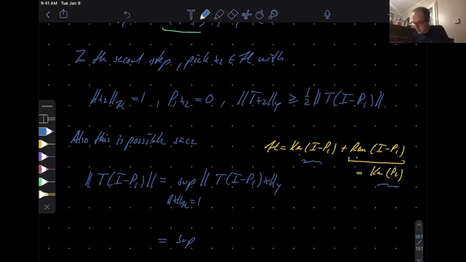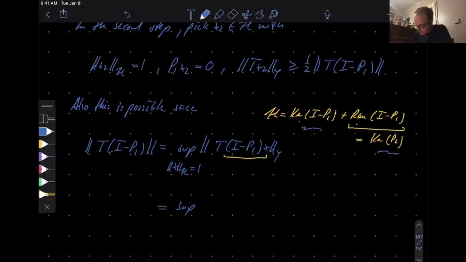Yeah, but the part where you go over the kernel of P1 would not contribute to your optimization procedure here to get the operator norm, because it would be sent to 0. So that's certainly not going to contribute. Having said this, this supremum here is the same as just a supremum where you range over the vectors that are in the kernel of P1 and have length 1.